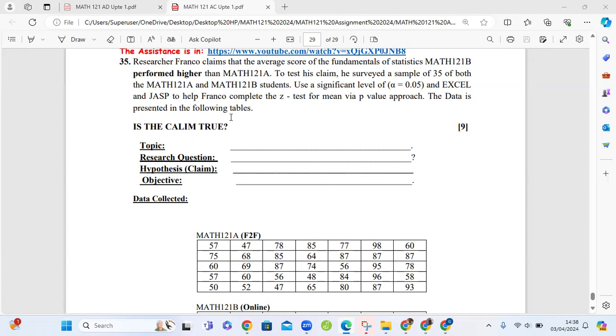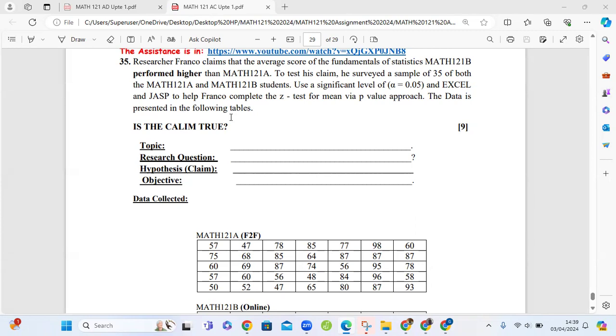To test his claim, he surveyed a sample of 35 of both the Math 121E and the Math 121B students. Use a significance level of alpha equal to 0.05 and either Excel or JASP or an online software.